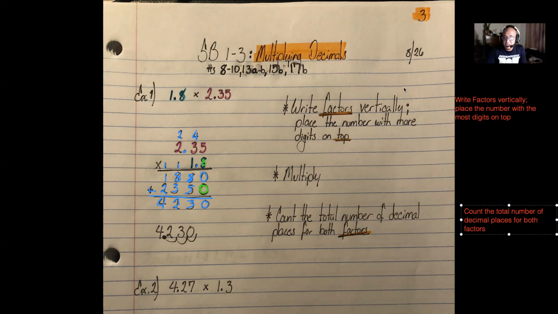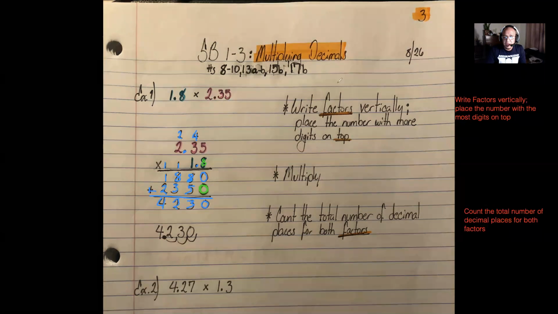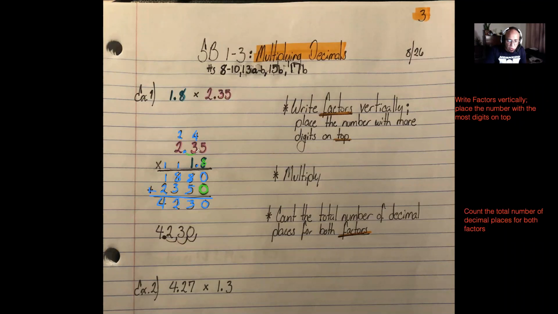That's exactly what that means. And right here, I can see that we have 1, 2, 3 numbers behind the decimal. So therefore, I'm going to count from the end of 4, 2, 3, 0: 1, 2, 3, and that's where the decimal is going to go. So my answer would be 4 and 230 thousandths, which is the same thing as 4 and 23 hundredths, but this is what my answer would be.